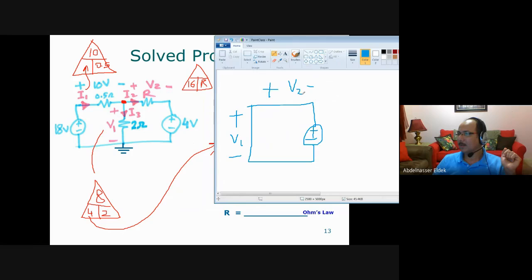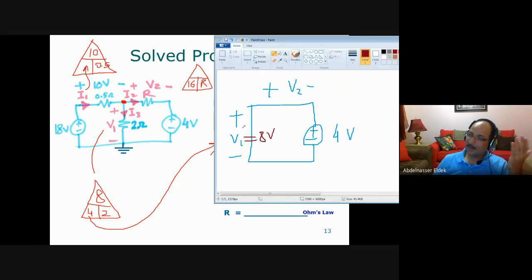And this is 4 volt. The voltage here, V1, equals 8 volt. We calculated this before. V1 is 8, because we said that 18 equals 10 plus 8 volt.